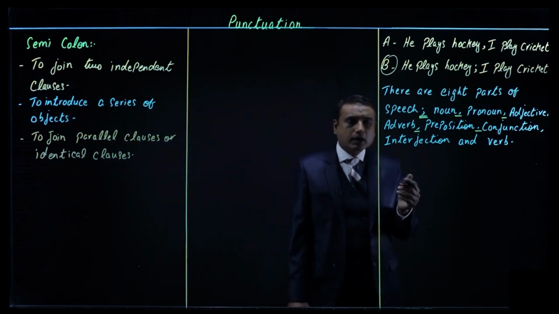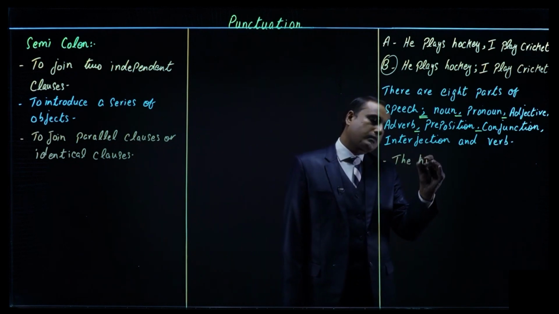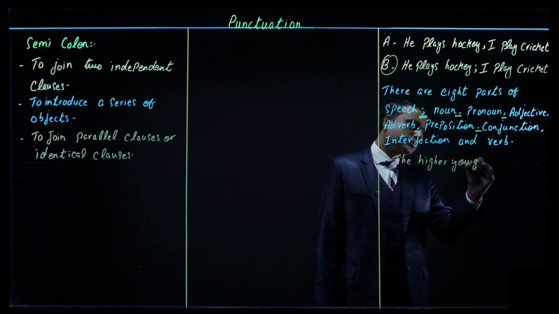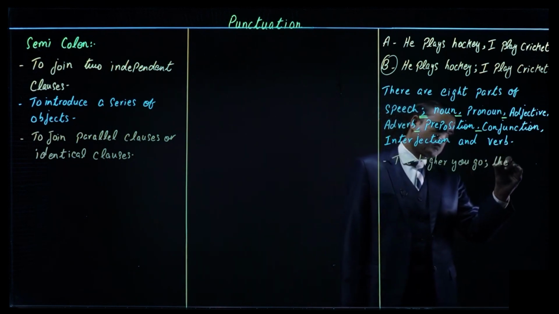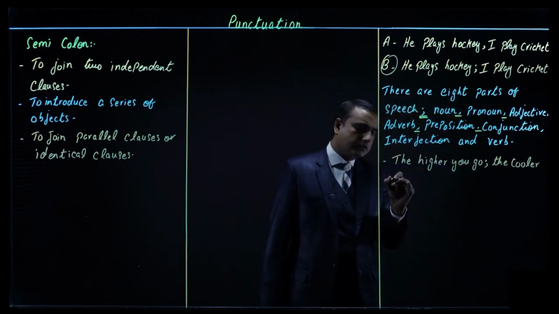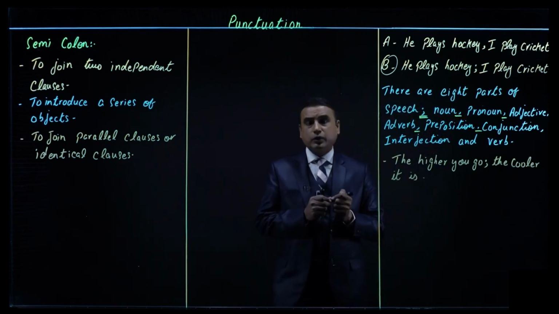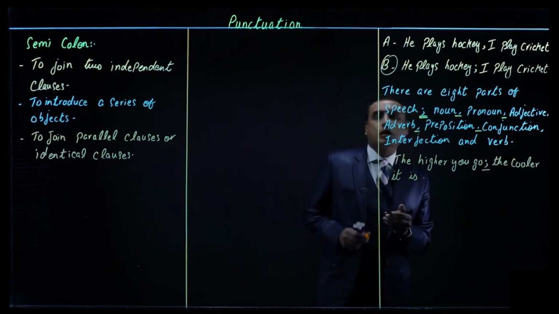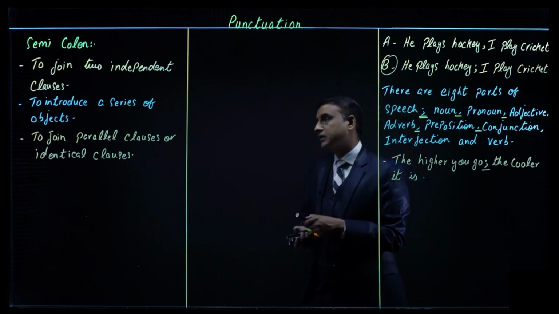We have already studied what parallel and identical clauses are. For example, the higher you go, the cooler it is. Here you can also use comma, but these clauses can also be joined by using semicolon.